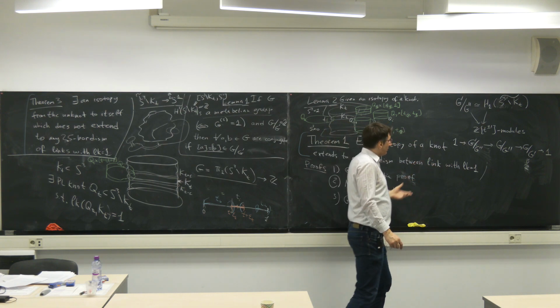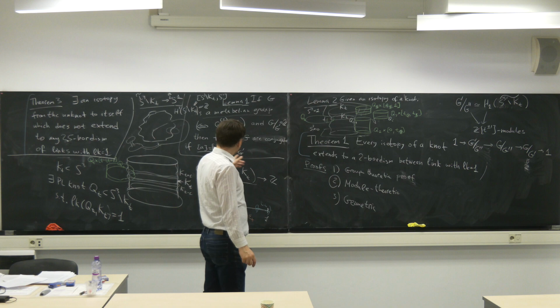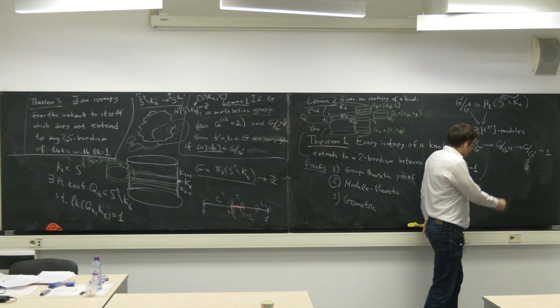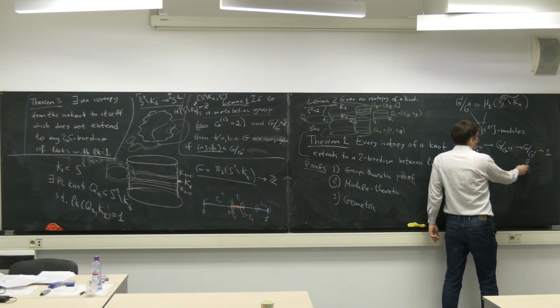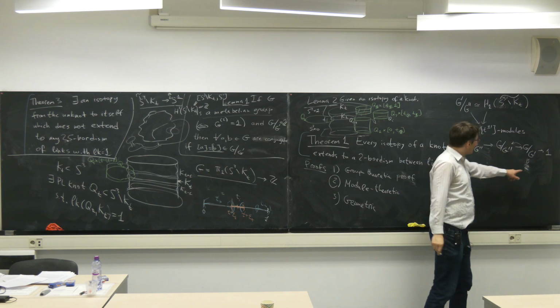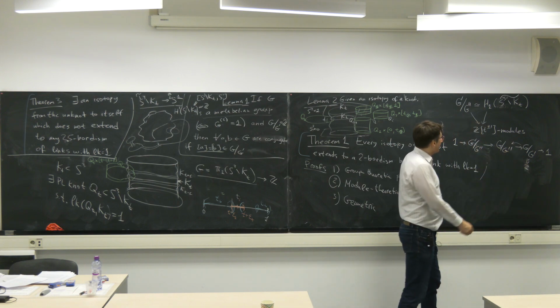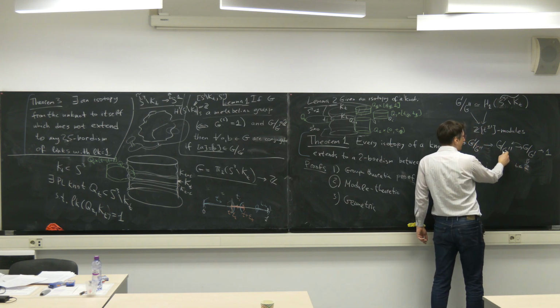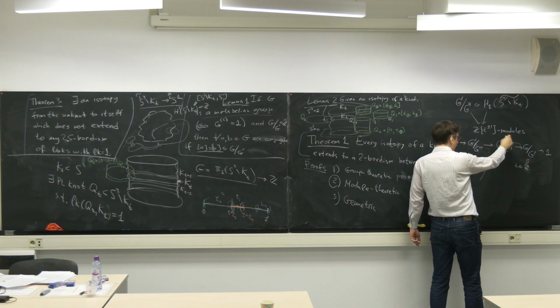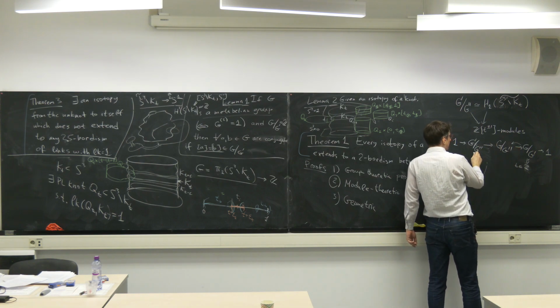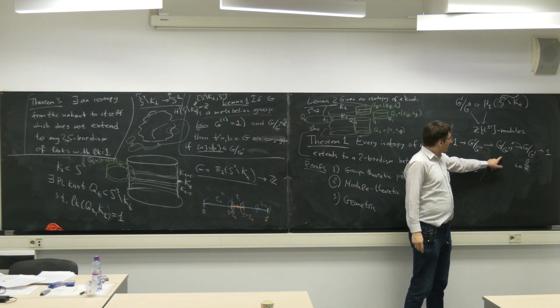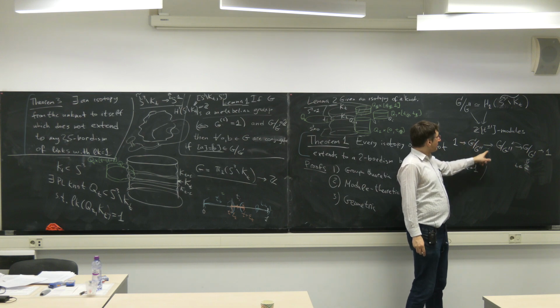G is the fundamental group of the complement of the knot, so its abelianization is Z. And this homomorphism splits because Z is a free group. Then T, the generator here, acts on the kernel by conjugation. If we start from an element of this kernel and conjugate it by T, it stays inside this kernel.